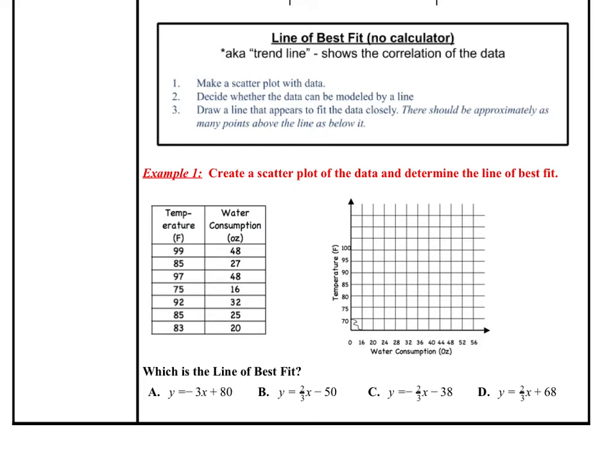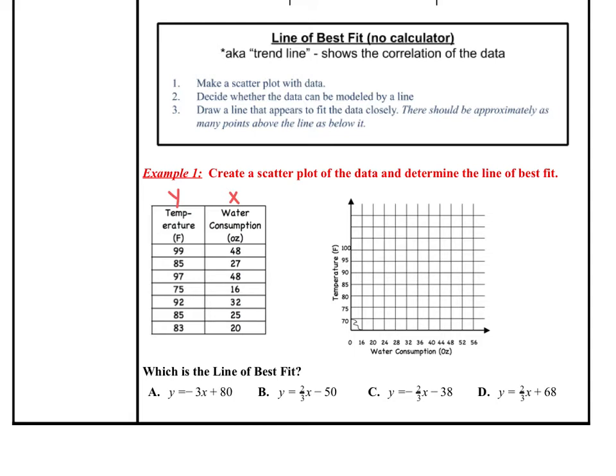So we're going to graph this table here, and I think this is kind of weird because water consumption is actually your x, and temperature is your y. So it's backwards. Sorry. So you just have to make sure you look at this column on the right for the x because that's how it has it labeled on the graph.